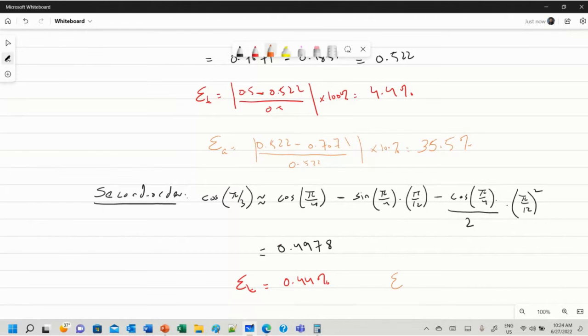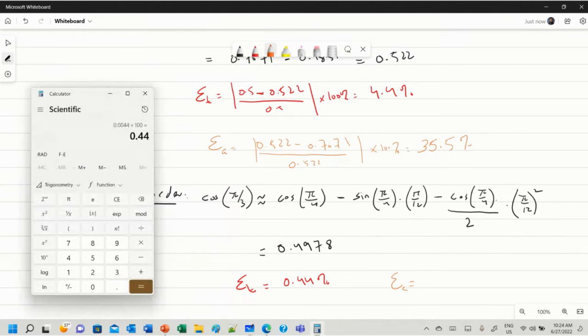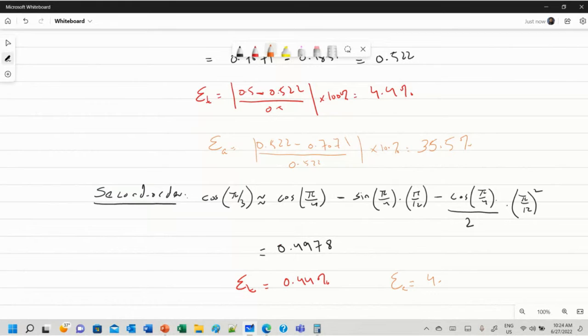And I can find the approximate error as the current value, 0.4978, minus the previous value, divided by the current value, multiplied by 100, so it comes out to be 4.86. Of course, you can ignore the minus. So that's the second order value.